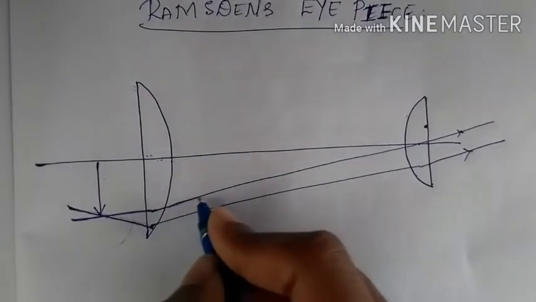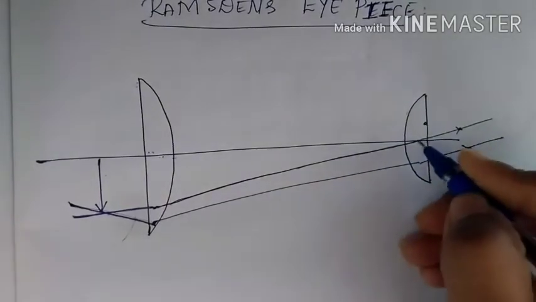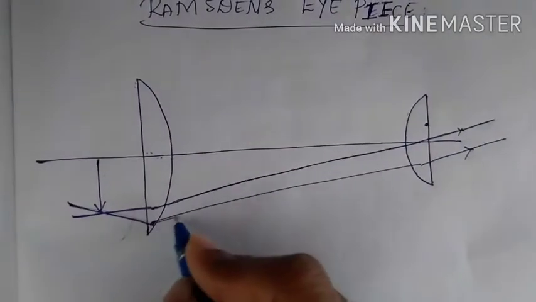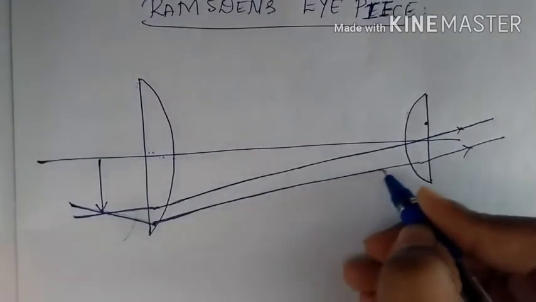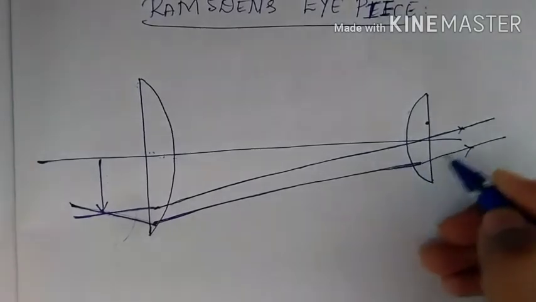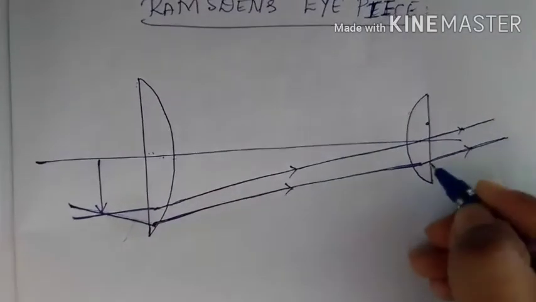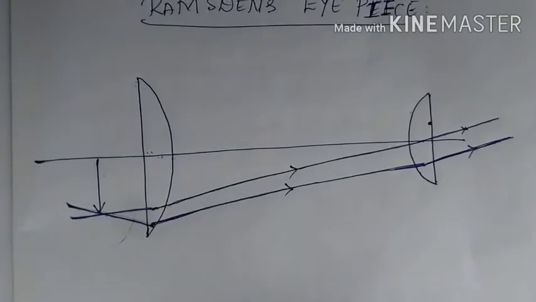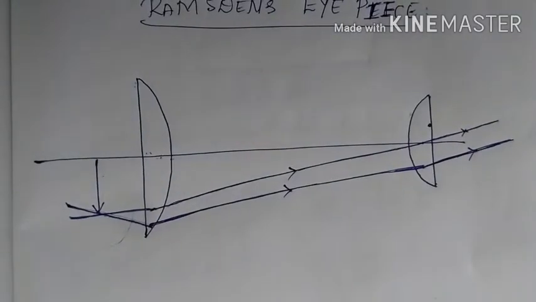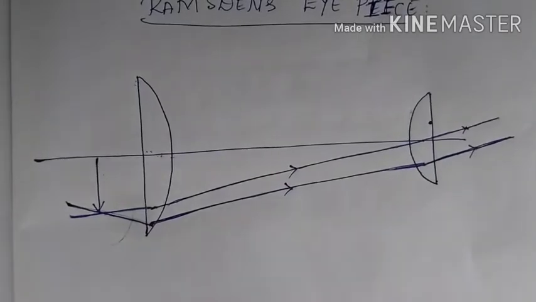So the image of the objective lens is the object for the eyepiece, and the rays from it fall on the first plano-convex lens and get refracted, then fall on the second plano-convex lens and are refracted again, and emerge as parallel rays. Parallel rays meet at infinity.